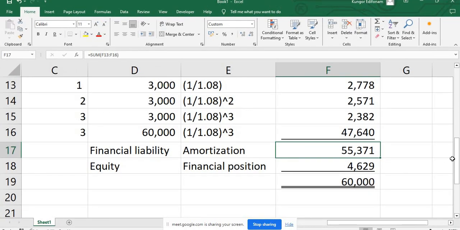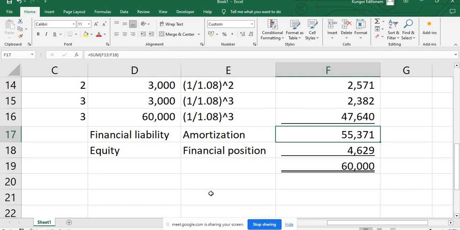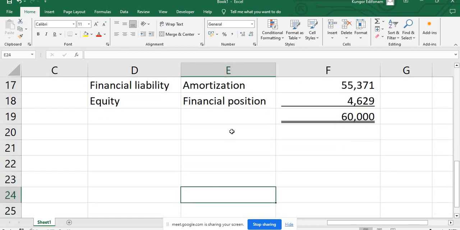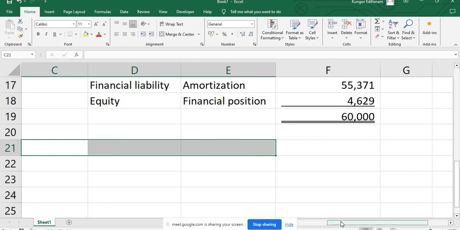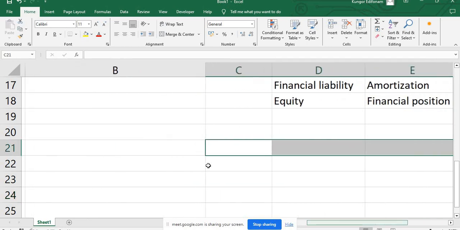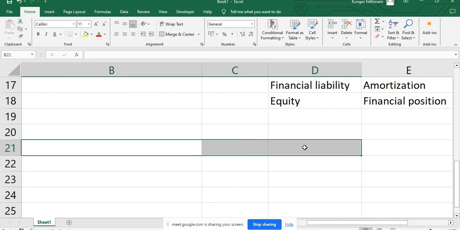Now let's move on. The next thing is to amortize the financial liability. So we will have here our amortization schedule.